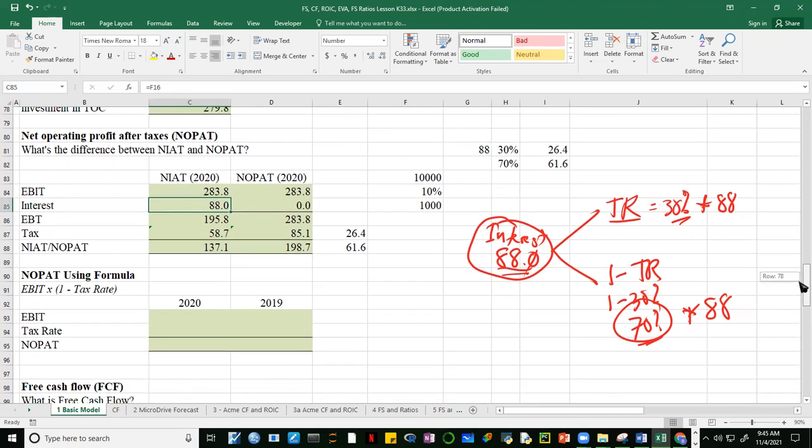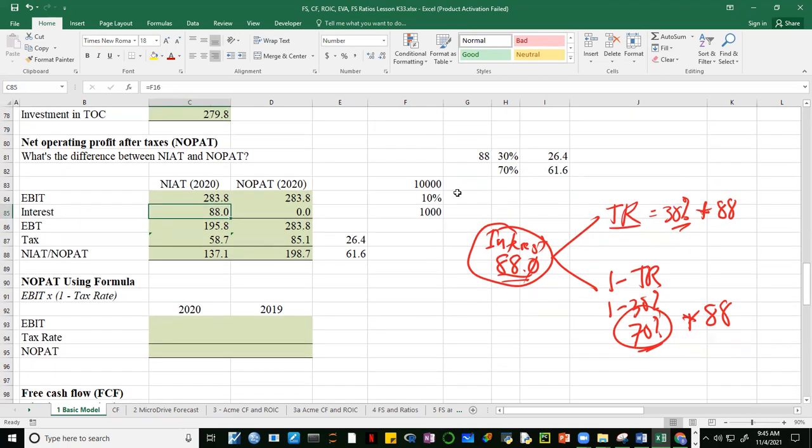Okay, so let me pause for a while, guys. Is there any question about this? Paki-chat nga kung clear so far. Clear so far ba?